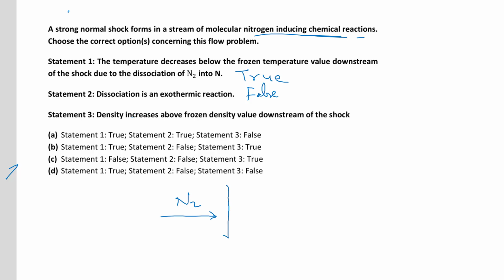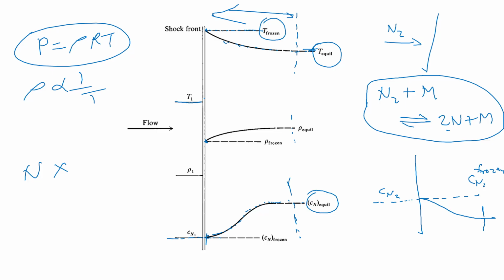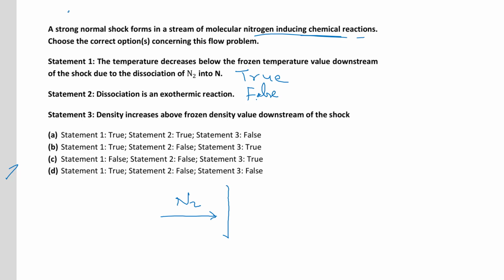Statement 3. Density increases above frozen density value downstream of the shock. This also we have seen: temperature was decreasing and the density was increasing in the non-equilibrium region. So the equilibrium density was greater than frozen density.